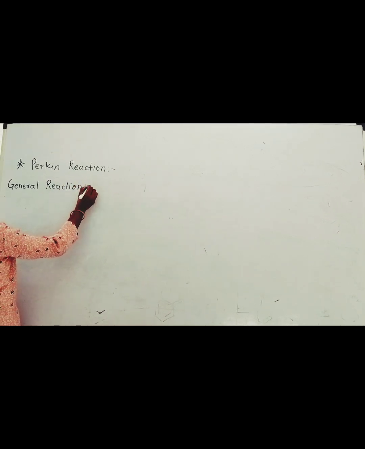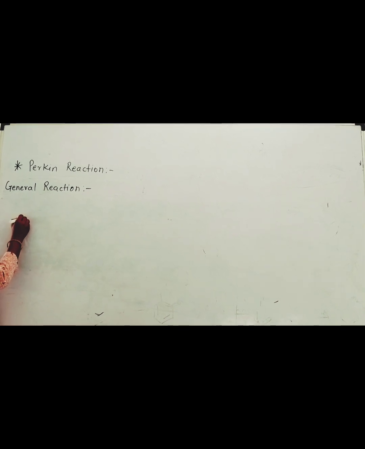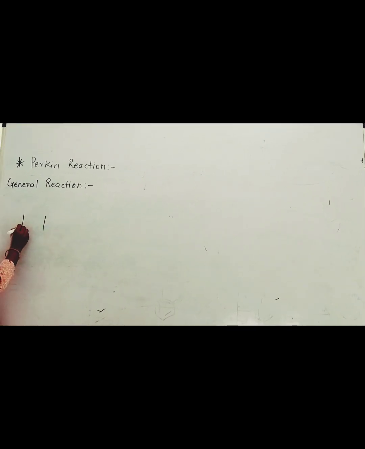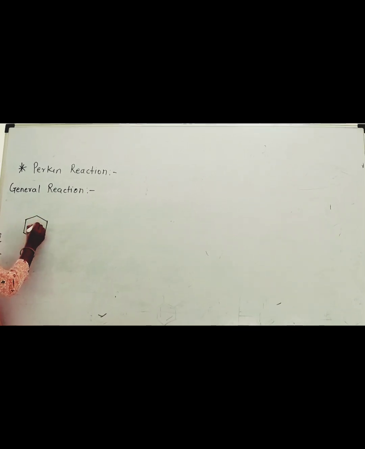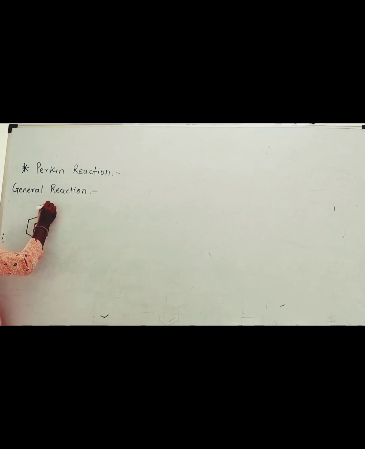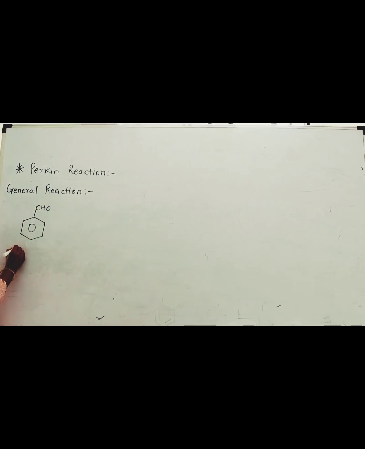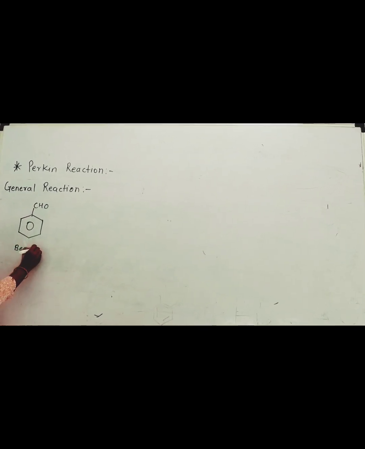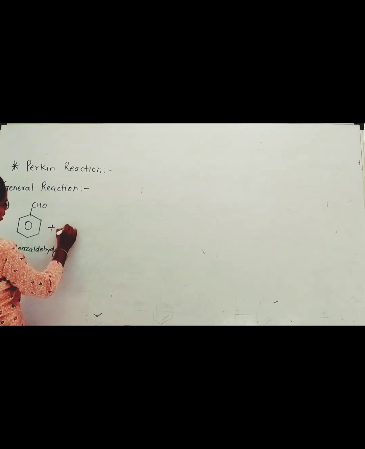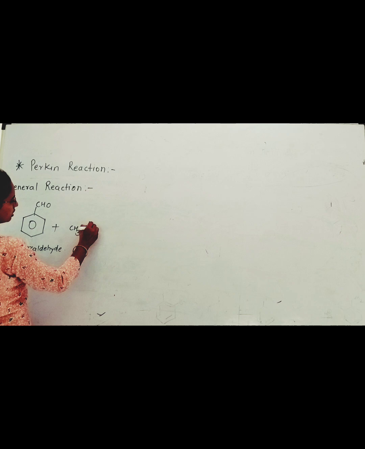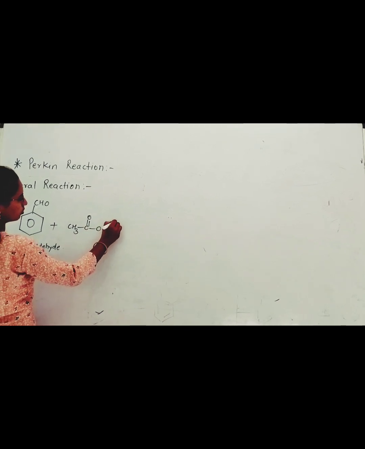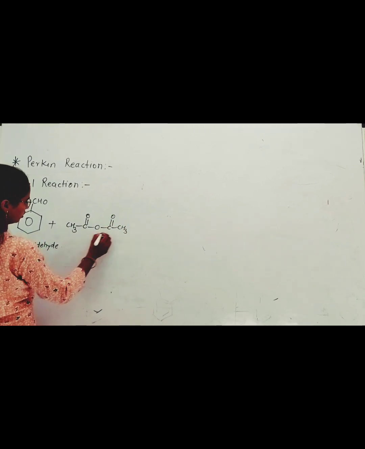In the Perkin reaction, the aromatic aldehyde used is mainly benzaldehyde. So this is your benzaldehyde, plus the acid anhydride, CH3-C double bond O, C double bond O, CH3.